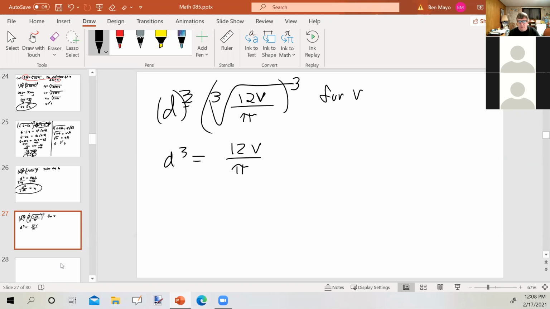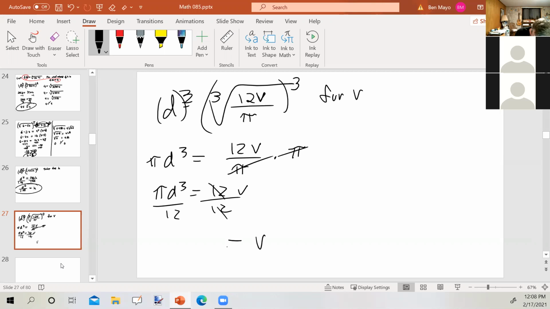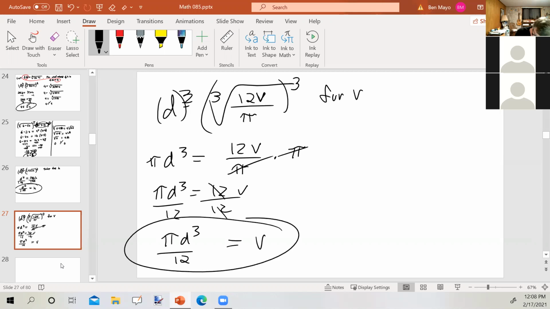Cubing the cube root takes care of the cube and the cube root. I'm solving for v. So now I'm going to multiply both sides by pi. So I get pi d cubed equals 12v. Then divide both sides by 12. So v equals pi d cubed over 12. Any questions there?